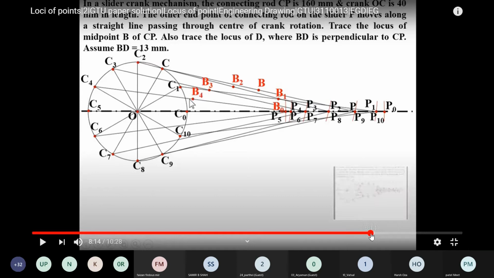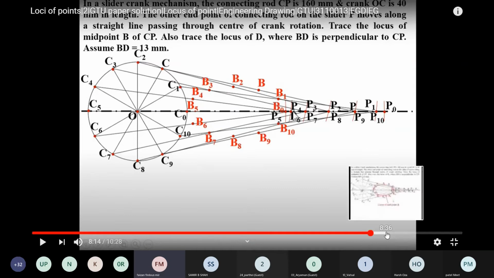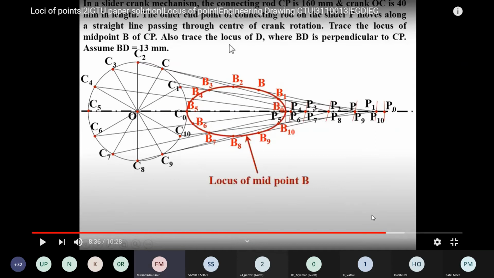Okay, just mark them with a darker point, and you may get this kind of mechanism. Now join all the points from B1 to B10 including B0. This is the locus of the midpoint. It must be dark.